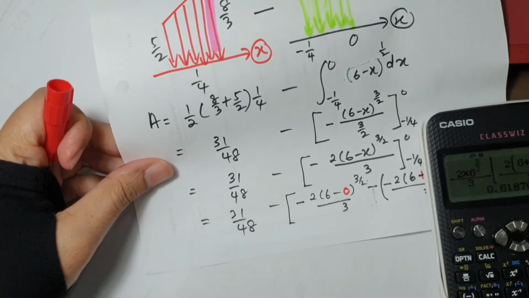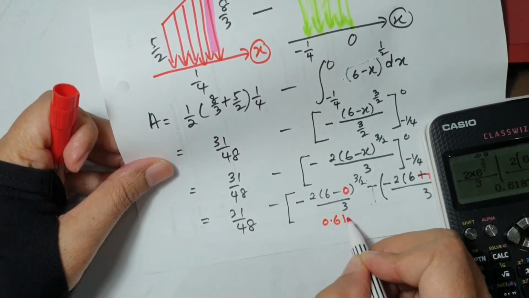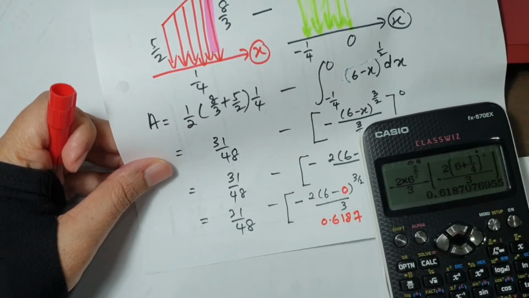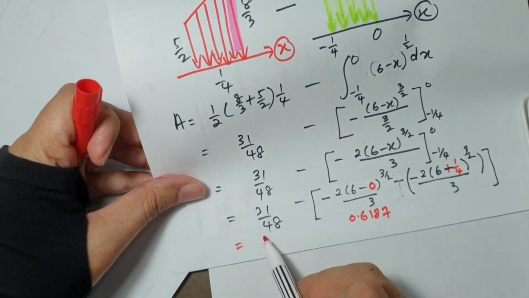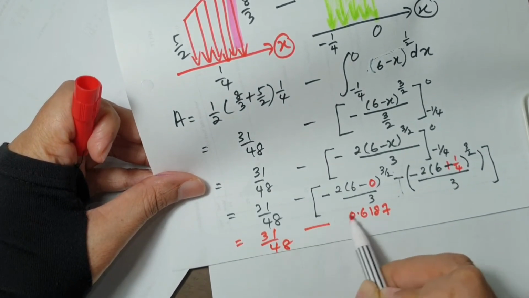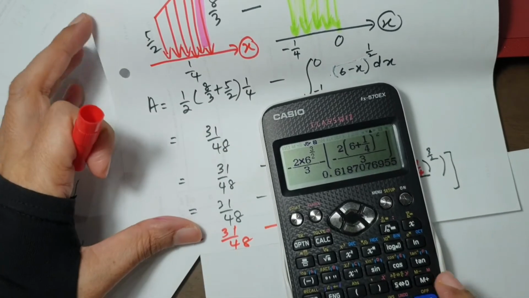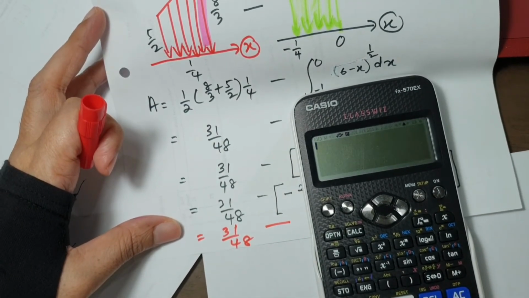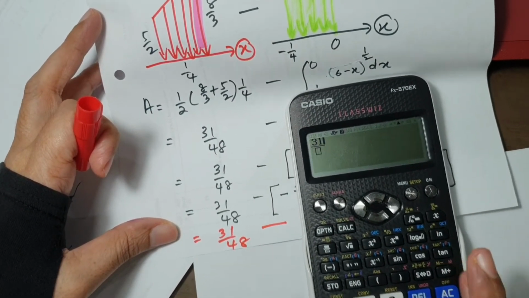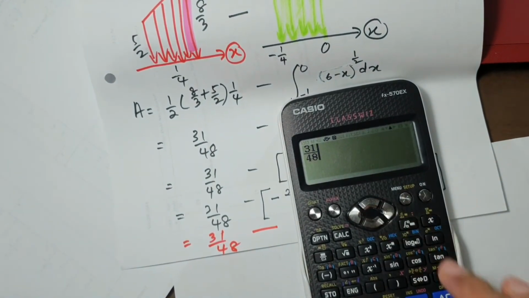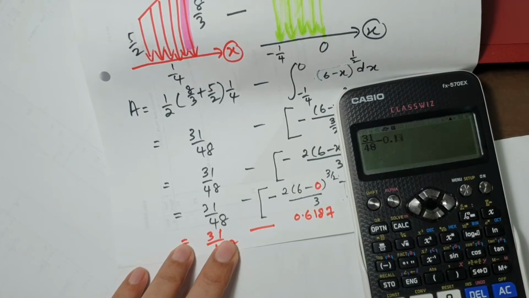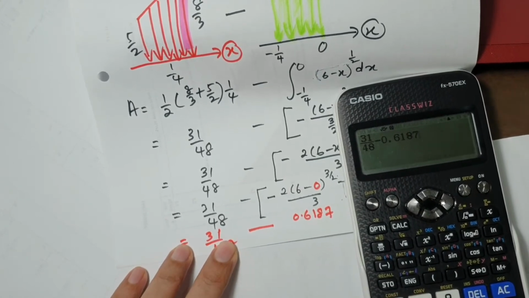So kita dapat 0.6187. Dia punya final answer untuk ni, benda ni. Tadi kita ada 31 over 48 minus this. Okay, tekan 31 over 48 minus dengan 0.6187.